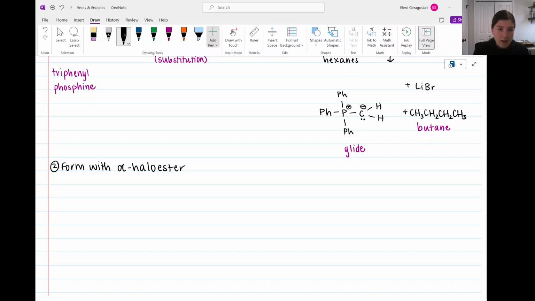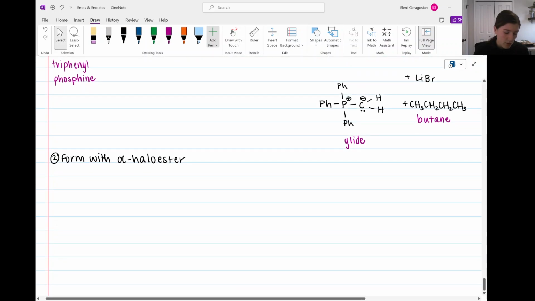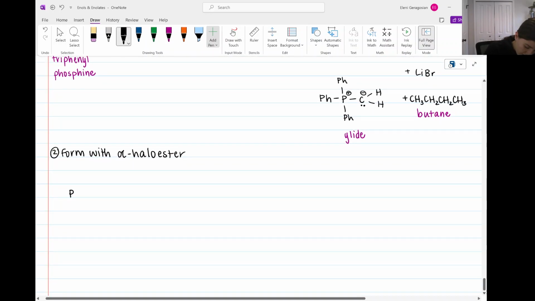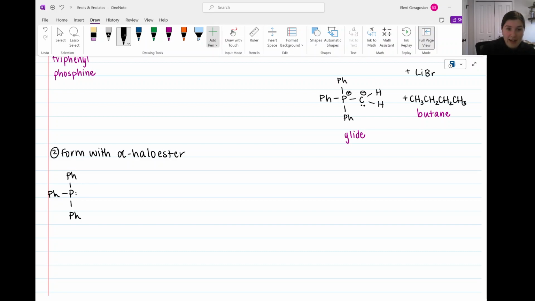So, second option, with an alpha haloester. So again, we have triphenylphosphine. And we have an alpha haloester. So we have an ester, which is a carbon to oxygen double bond, and that carbon's bonded to an oxygen, and that oxygen has another carbon chain.